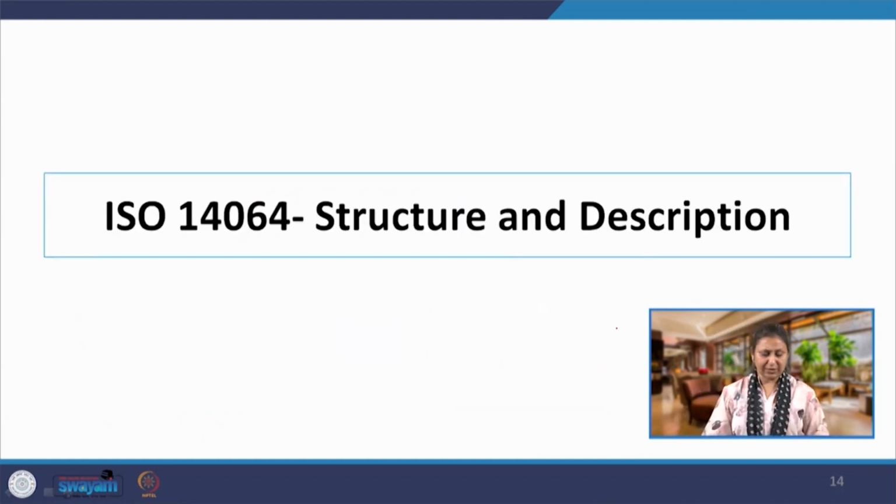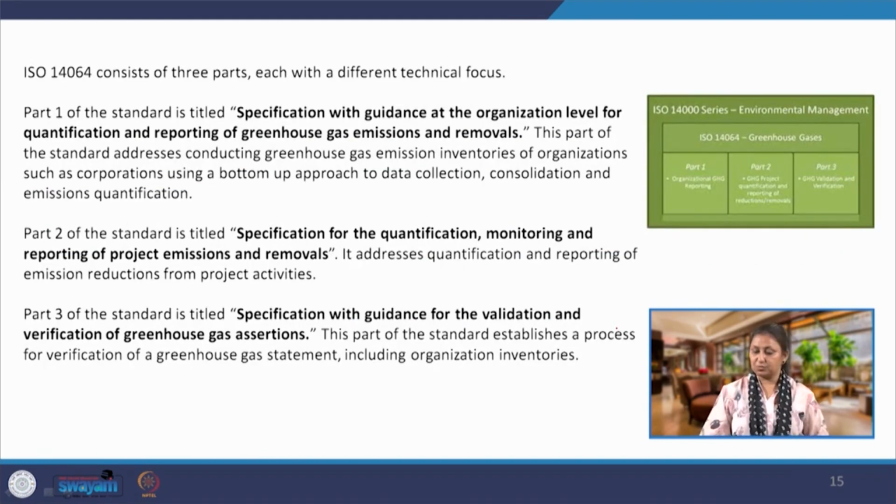So, let us quickly understand the structure and description of 14064. This has three standard parts. Part 1 deals with the guidance at the organization level for quantification and reporting of greenhouse gas emissions and removals.